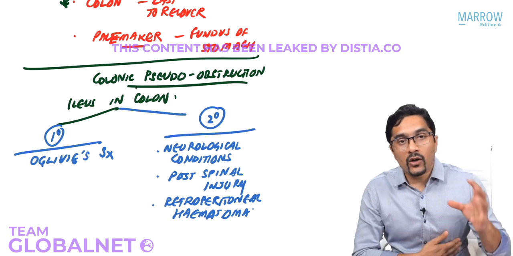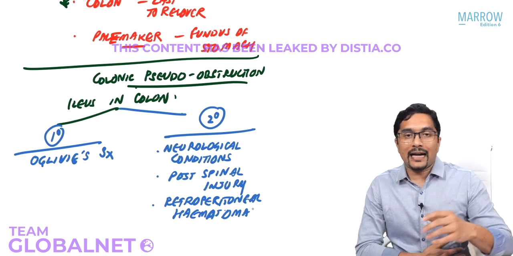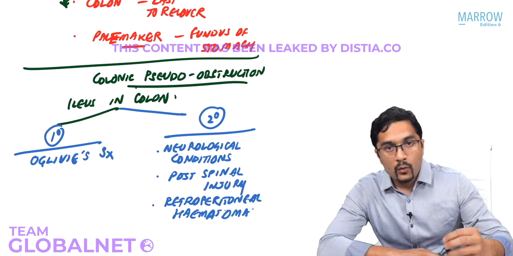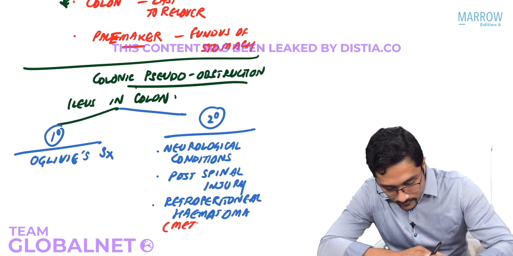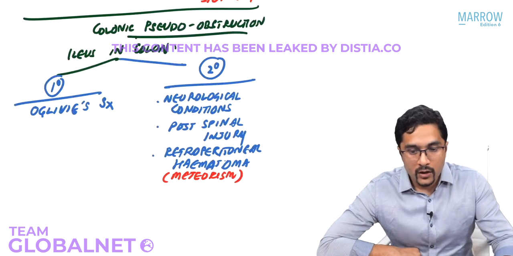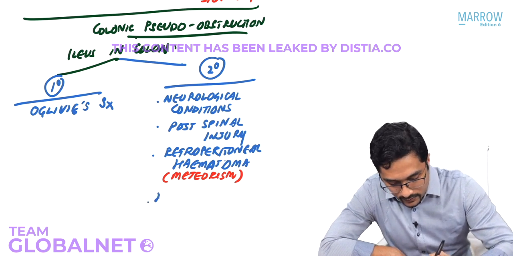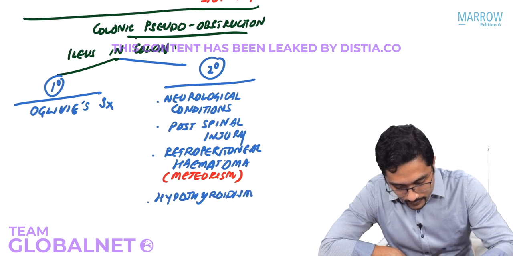And that happens because this hematoma presses on the splanchnic nerves. And that can give rise to colonic distension. And the term I used there was meteorism, right? So retroperitoneal hematoma can give rise to colonic distension by meteorism or Ogilvie's syndrome. This can even be seen in patients with hypothyroidism.